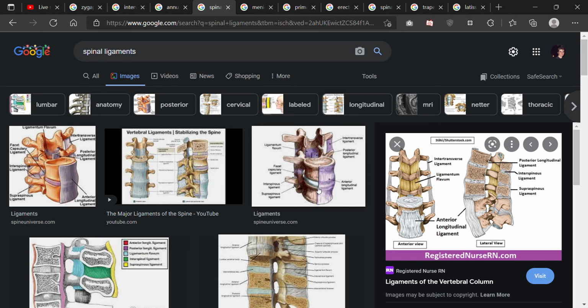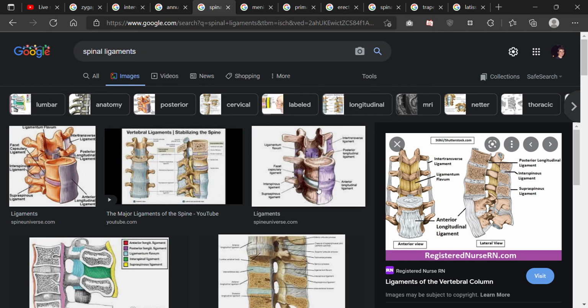Over time, the thickness of the discs deteriorates, and the elasticity of them deteriorates. Your movement is also limited by the shape and orientation of your facets, or the zygapophyseal joints. The tension in those facets, those joints, can also affect your movement, and then the resistance of your back muscles and the ligaments of your back can all be causes of what's limiting your movement in the spine.